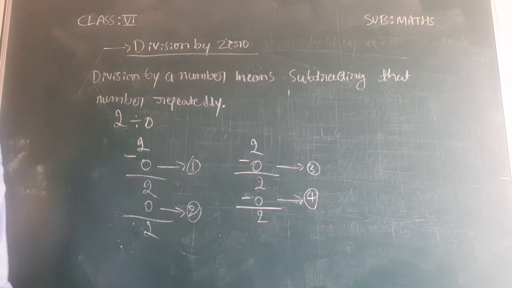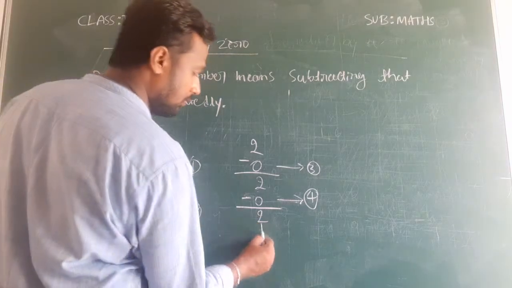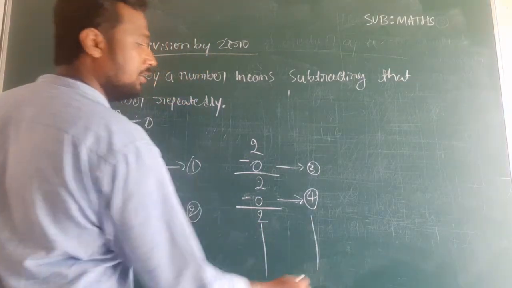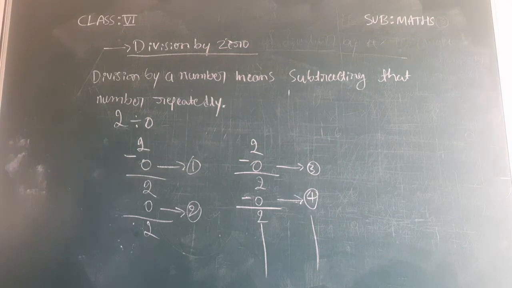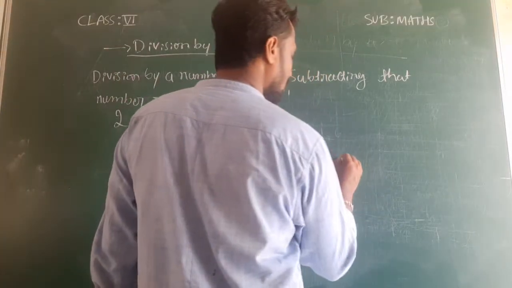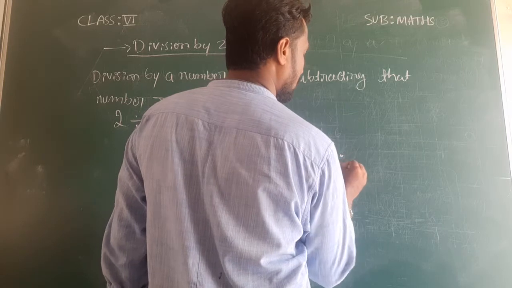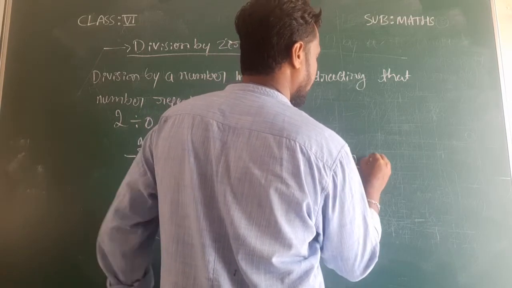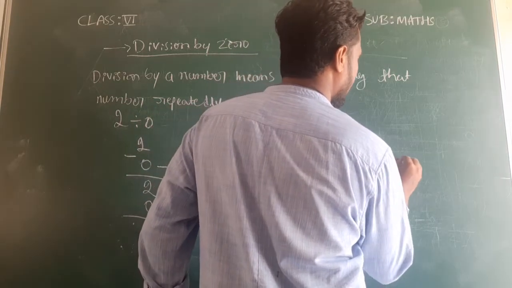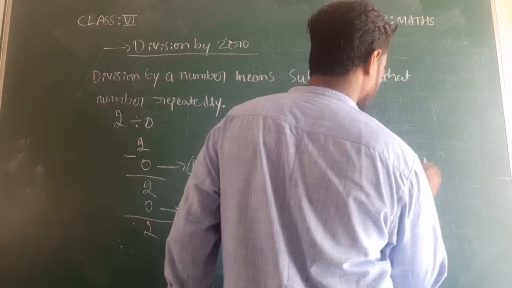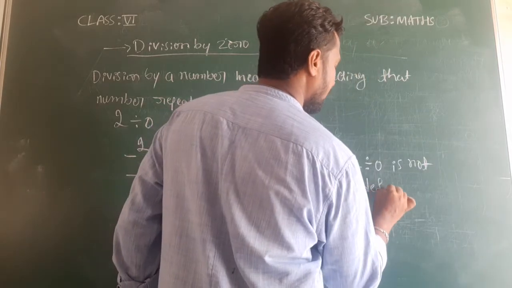We will not get any final answer. Therefore, this is called not defined. We will not get any particular answer here. So 2 divided by 0 is not defined.